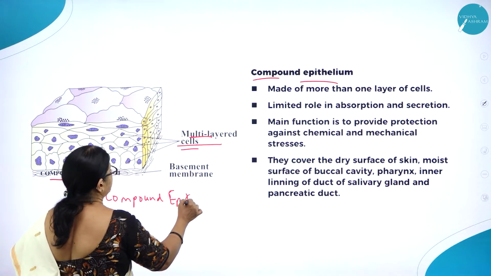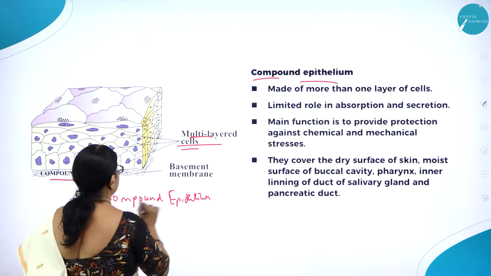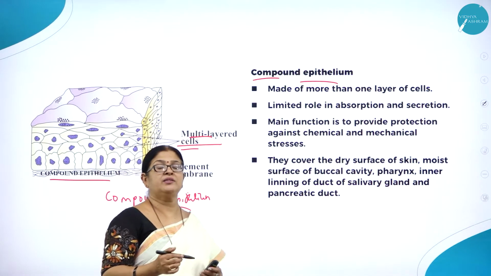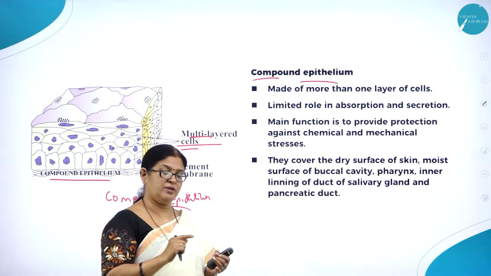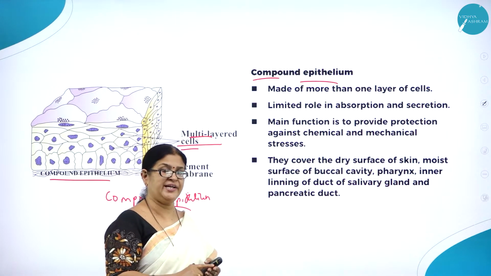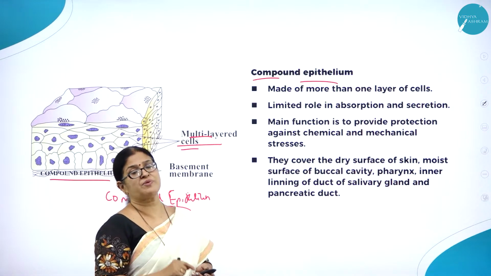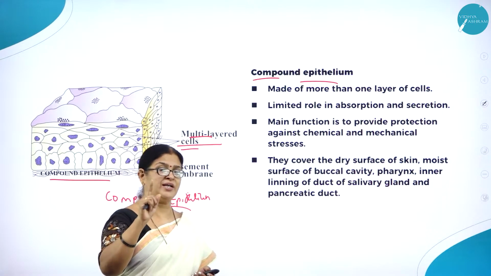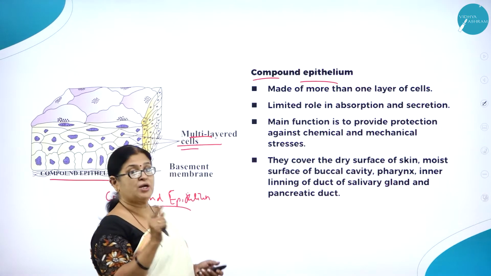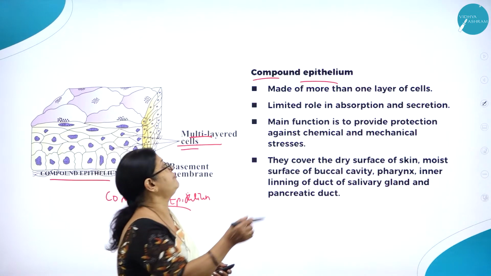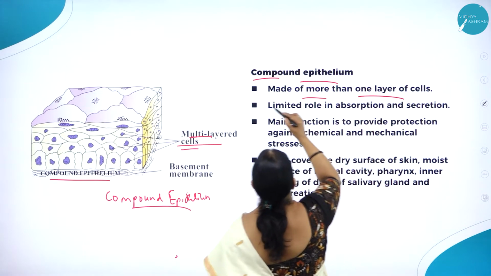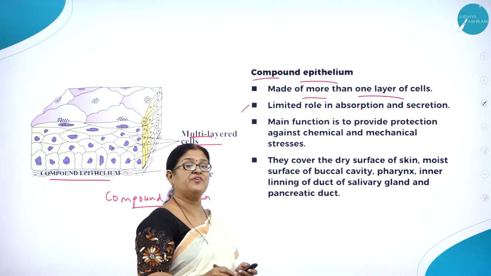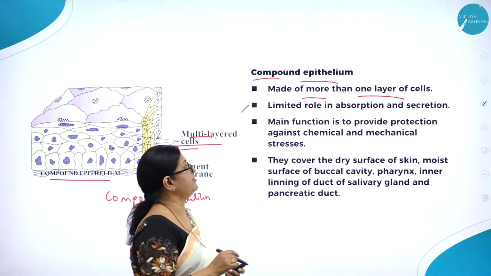The types we have studied, that is squamous, cuboidal, columnar, ciliated, glandular epithelium, are all examples of simple epithelium because they are made up of only one layer of cells. Whereas the compound epithelium is made up of more than one layer of cells. Hence the name compound, or we can also use the word stratified.